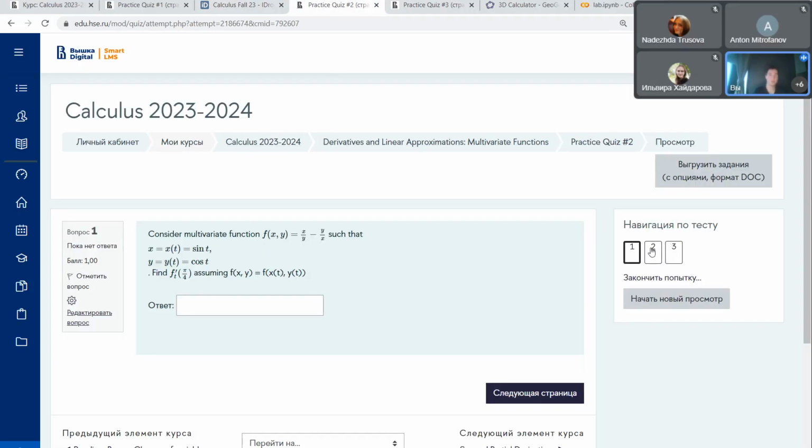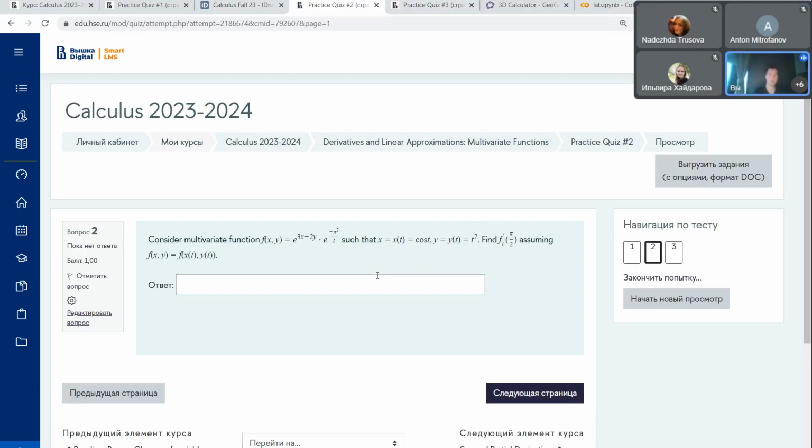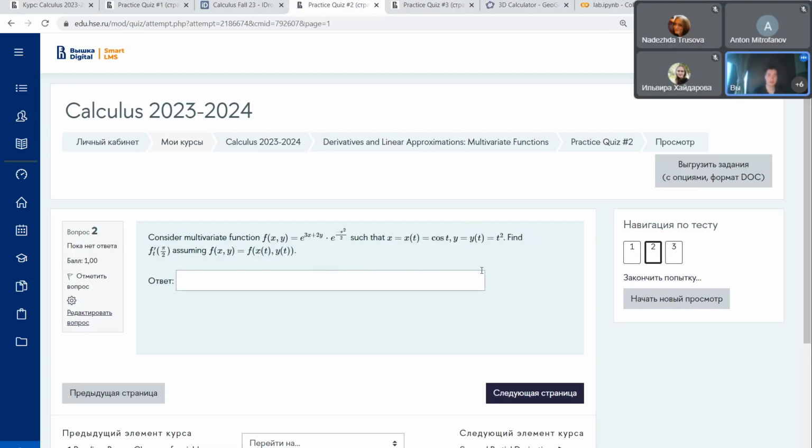I think a much more interesting task is to find, for example, this derivative. Maybe. It will have the same specifics. We can just repeat the actions from the previous task, because you can see that we can apply the chain rule.